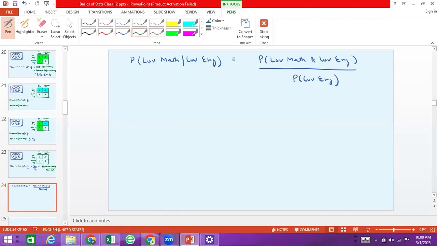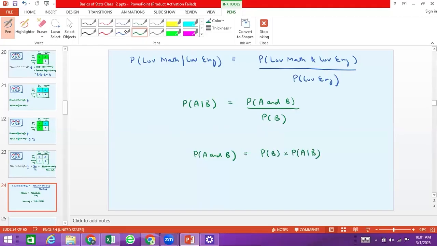If I write it in a more generic format, it will be probability of A given B is the same as probability of A and B divided by probability of B. Or I can write it as probability of A and B is the same as probability of B multiplied by probability of A given B.